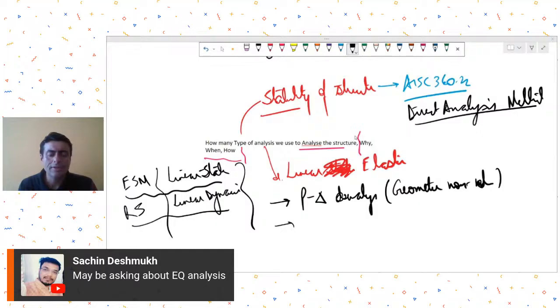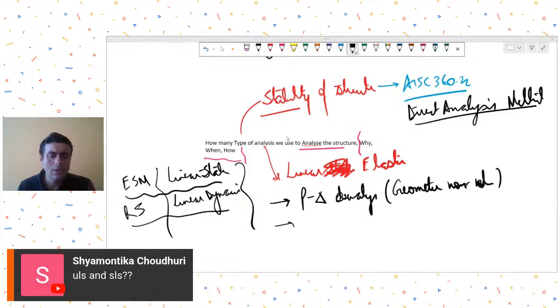So that's a direct analysis method, but it's a method, it's not an analysis type in itself. It's an analysis procedure that is given. Essentially there we are considering linear elastic analysis, plus some second order effects also, and then we are also considering the modifiers. But it's not an analysis method, it's more of an analysis procedure that we follow.